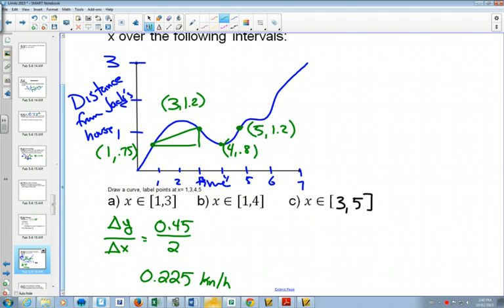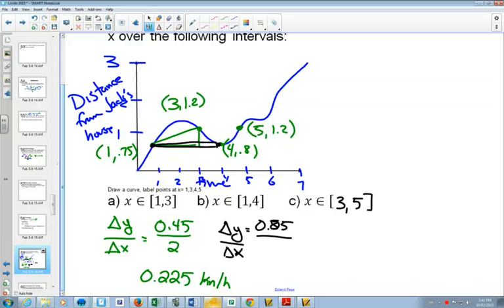Then from 1 to 4, I'll draw that in a different color. If we went from 1 to 4, man, not making very much progress at all during that point. Again, our change in y, you went from 0.75 to 0.8, so 0.05, thank you.